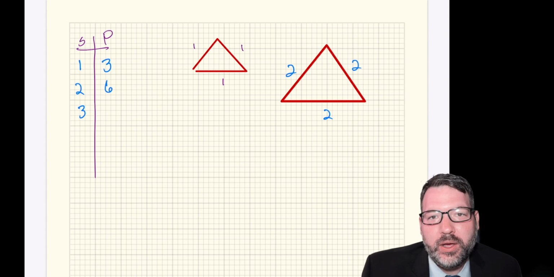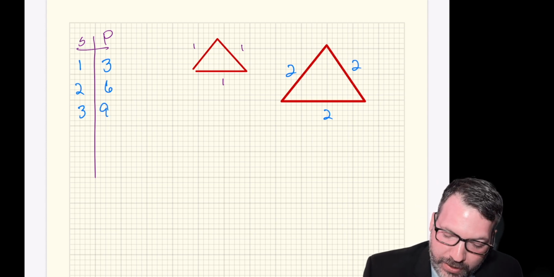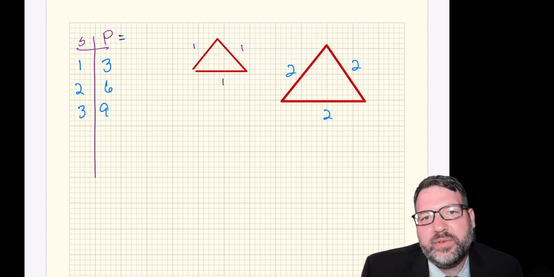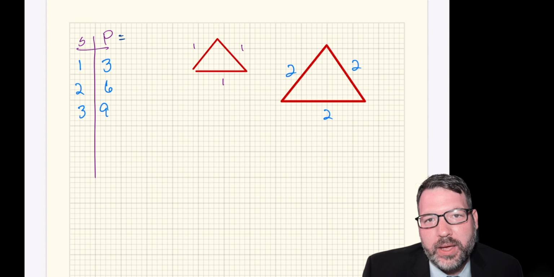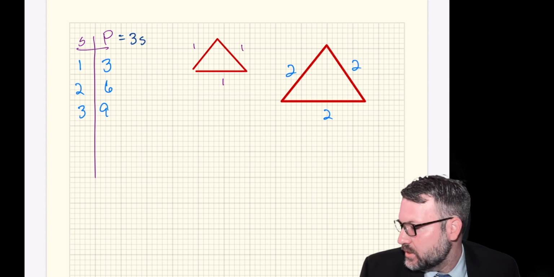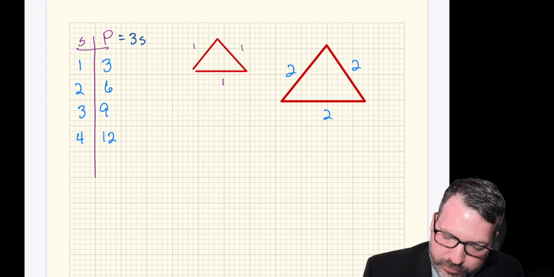If I have a 3, a 3, and a 3, and I add them all together, I get an output of 9. You can probably tell what the rule is, right? How do we find the perimeter given any side of an equilateral triangle? We simply multiply by 3. So we're going to do 3 times S. If the input is 4, the output is 12.